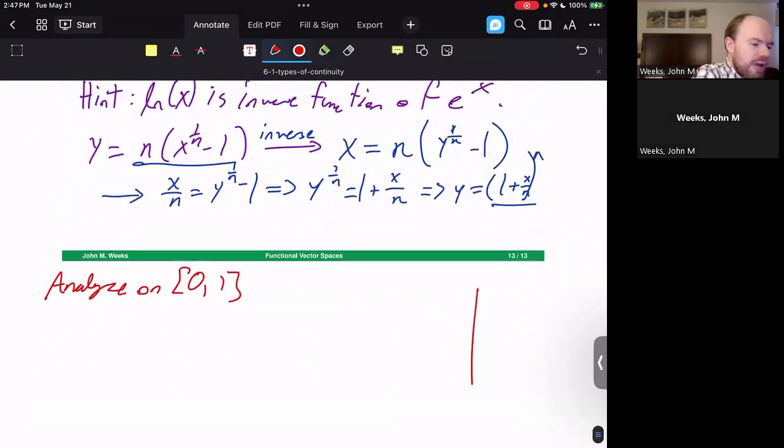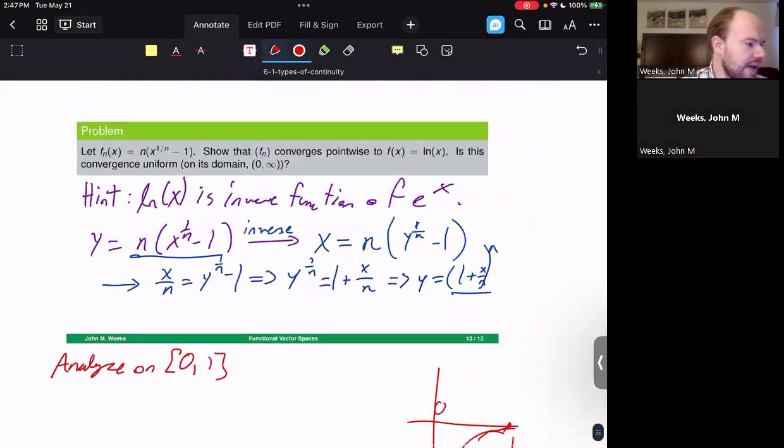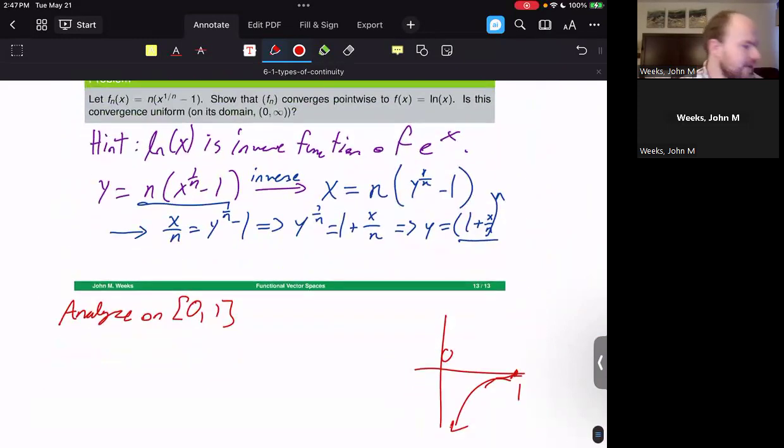Well, when I look at the natural log of x, especially going from 0 to 1, I look at something that looks like this. But what do these functions look like? n times x to the 1 over n minus 1. Since my x values are in between 0 and 1, my value of x to the 1 over n is going pretty small, but it's actually kind of close to 1, isn't it?